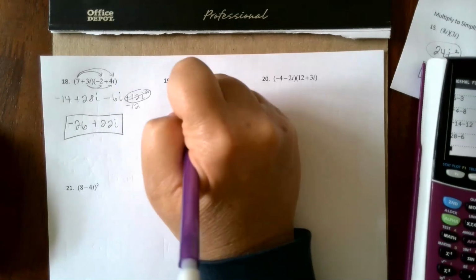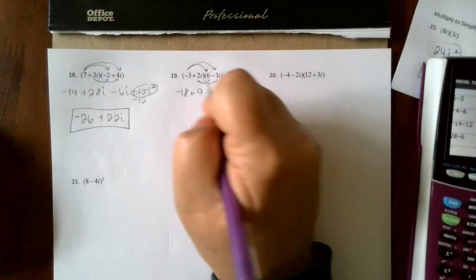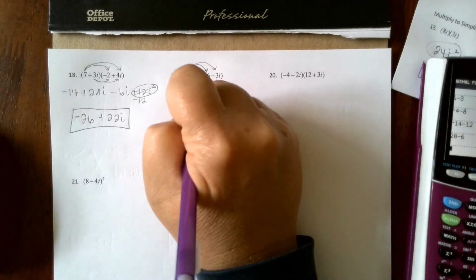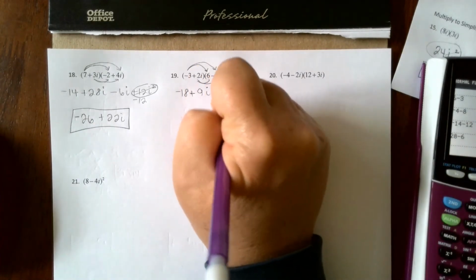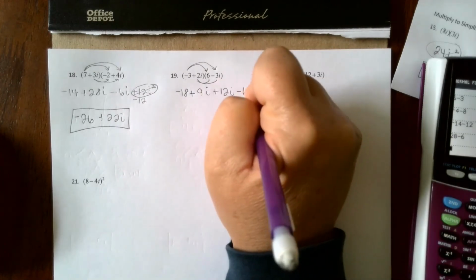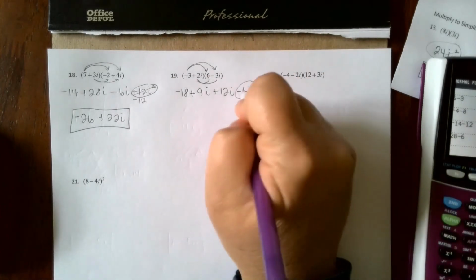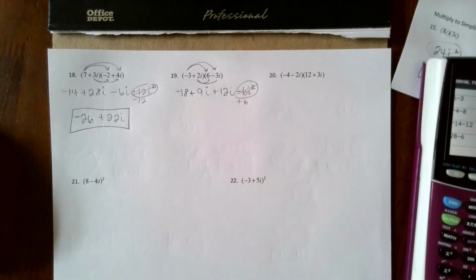Now we're going to distribute the 2i. So 2i times 6 is a positive 12i. 2i times a negative 3i is a negative 6i squared. This is going to become a positive 6.